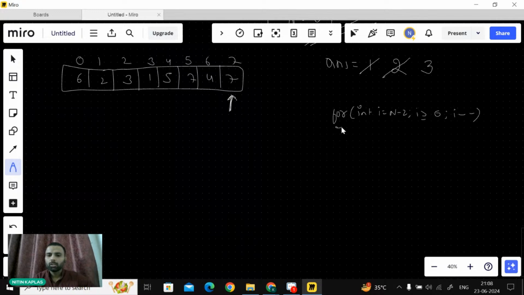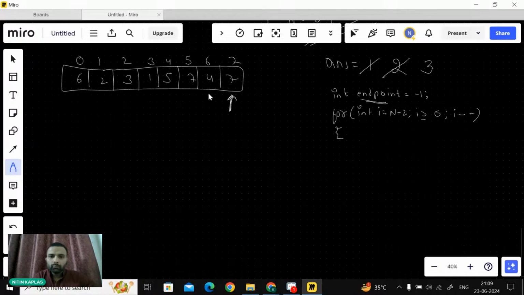Suppose that my endpoint is -1 right now. Just focus on this part. Later on, I'll tell you what the endpoint means.